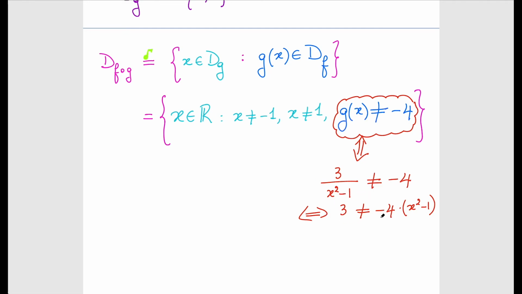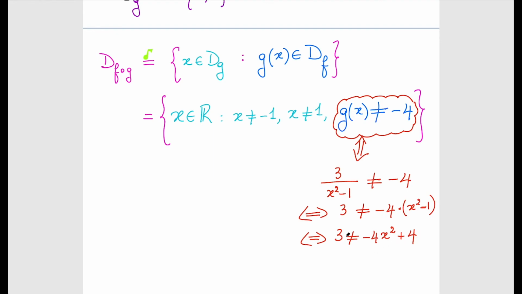Okay, so you get this. This is the same thing as saying that 3 should not equal minus 4x squared plus 4, right? One more time, I distributed the multiplication over subtraction. Minus 4 times x squared is minus 4x squared. Minus 4 times negative 1 is plus 4.